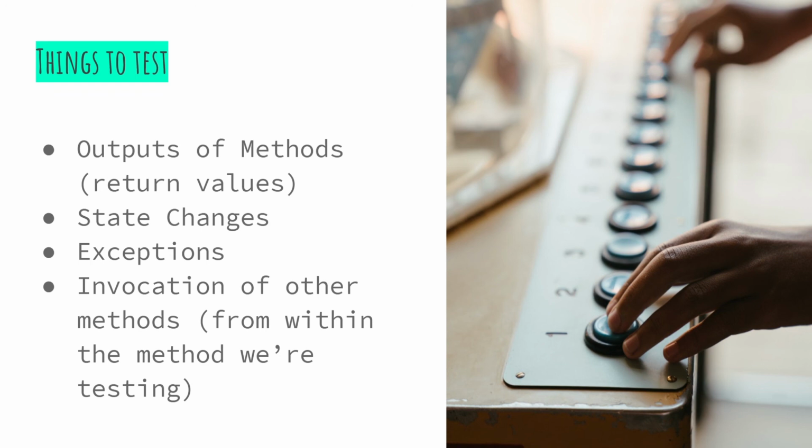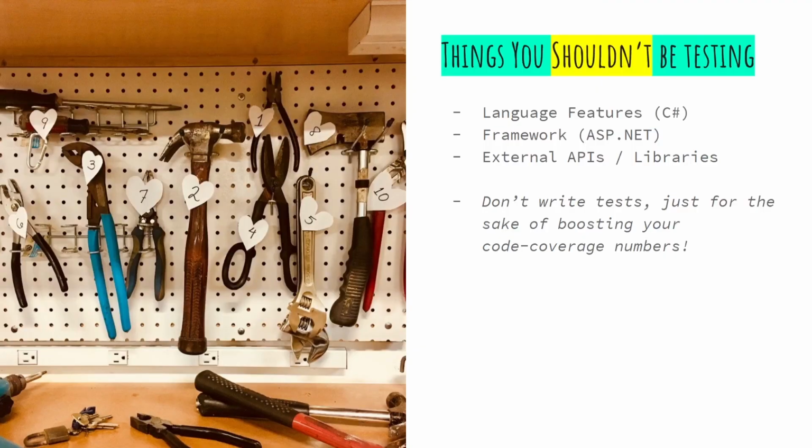I also want to take a moment and list a few things that we don't want to test. We don't want to test the language or the framework that we're using. We don't want to test C# itself. The C# team will do that. We don't want to test the ASP.NET framework, at least not from the perspective of a unit test.